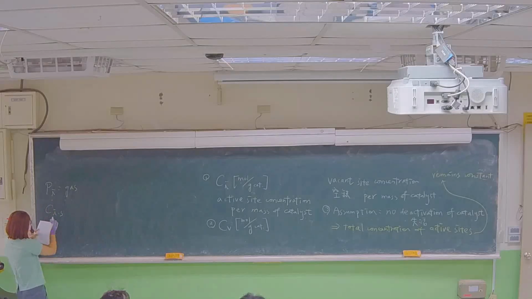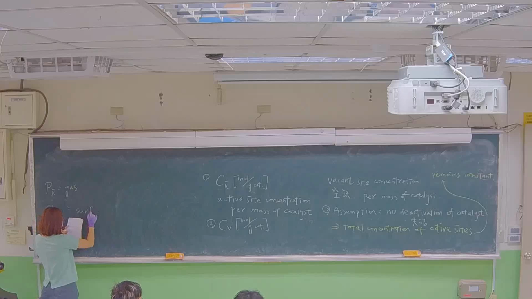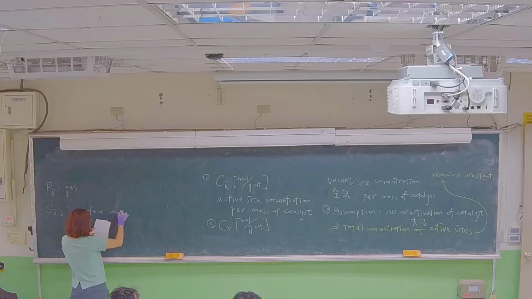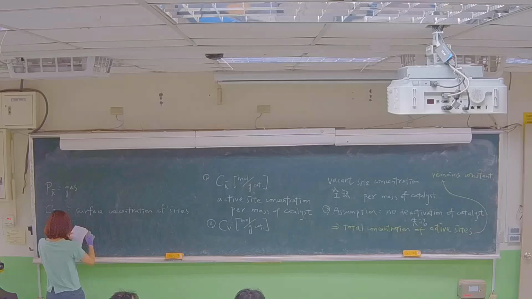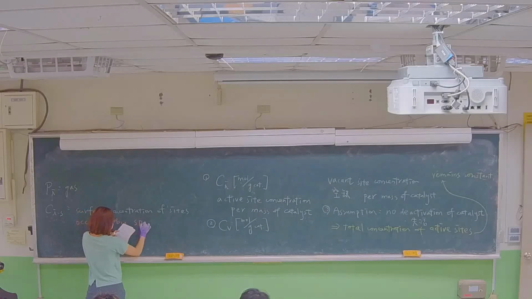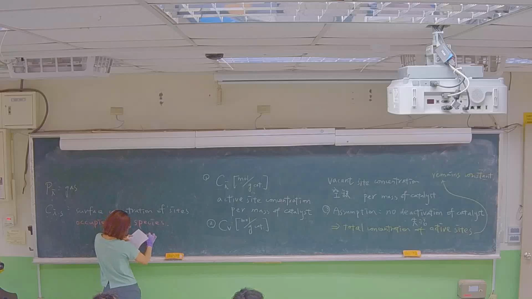And how about this one? CIS, this is very important. What is CIS? CIS is the surface concentration of sites occupied by species I. Species could be reactant or product.